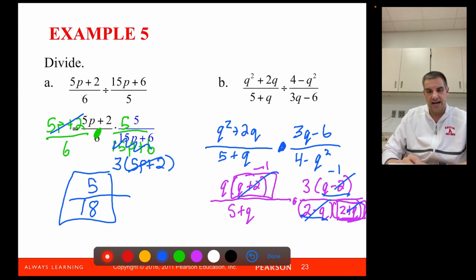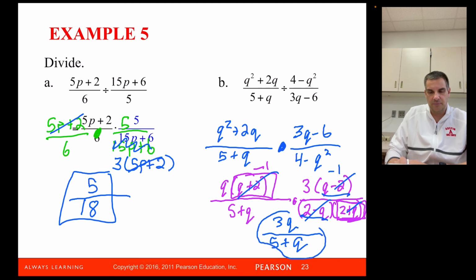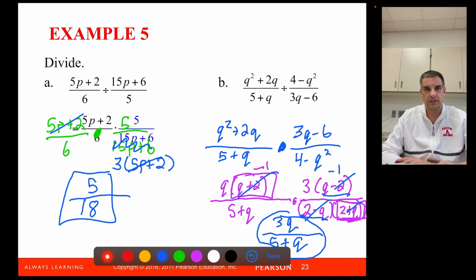So now on the top, we've got a q times -1 times 3 times -1. So -1 times -1 is positive, times 3 is 3, so we've got 3q on the top. And if we look in the denominator, we have 5 plus q in the denominator. And that's your solution to this.